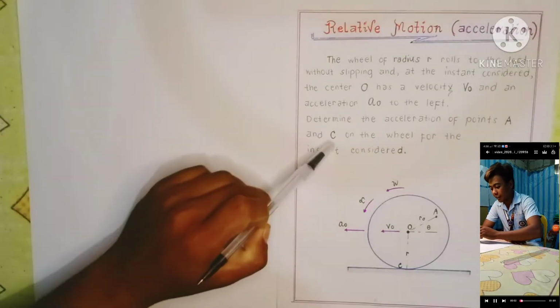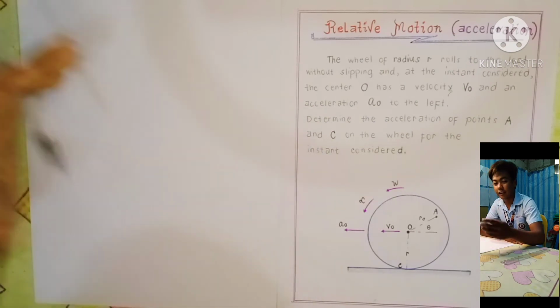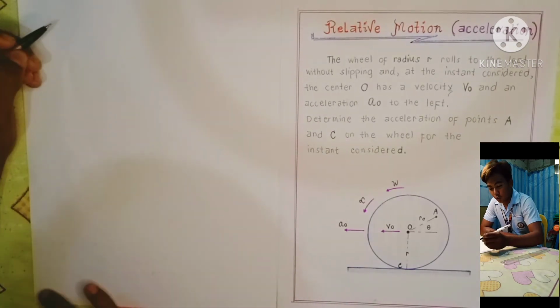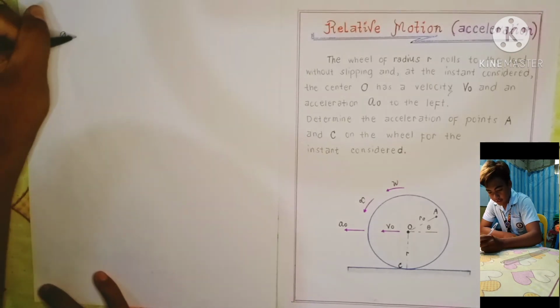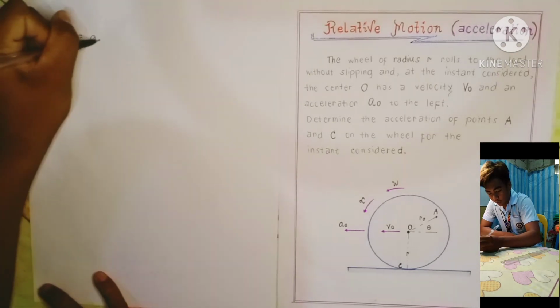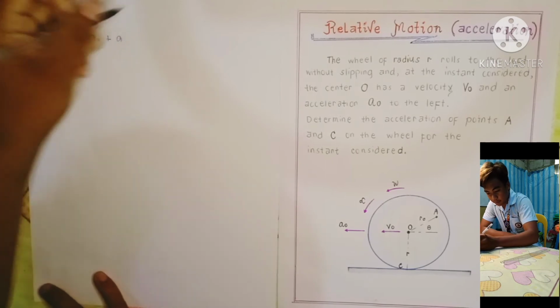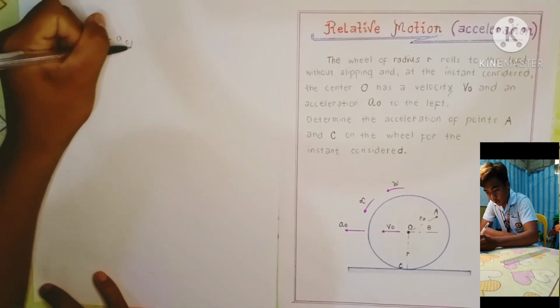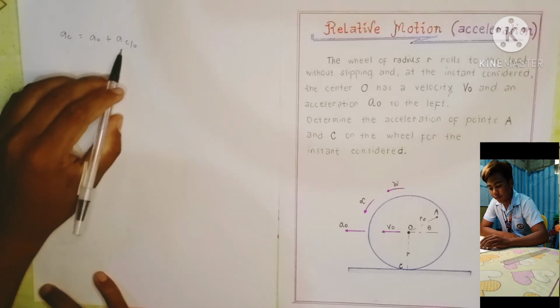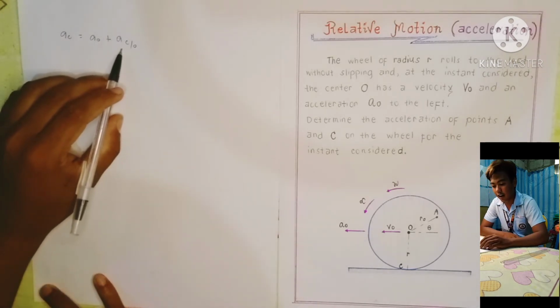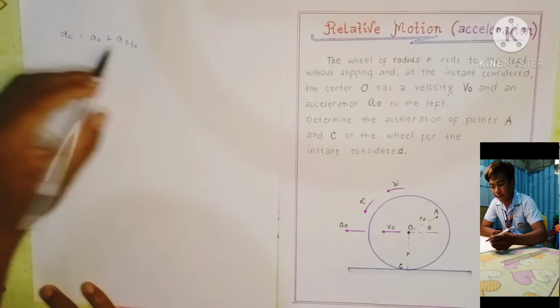And lastly, the point C on the wheel for the instant considered. The acceleration at point C is equal to AO plus acceleration of C over O. This is the formula that we obtained in the instantaneous zero velocity.